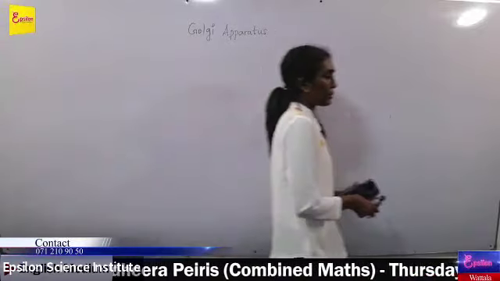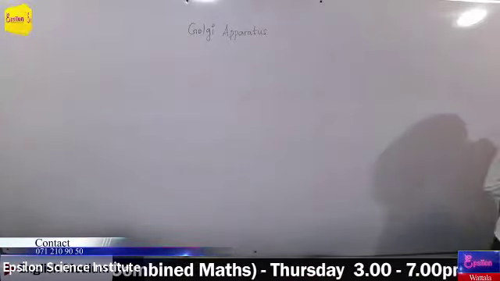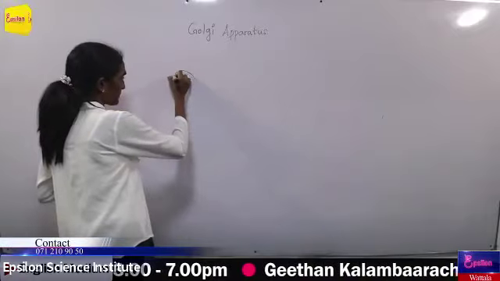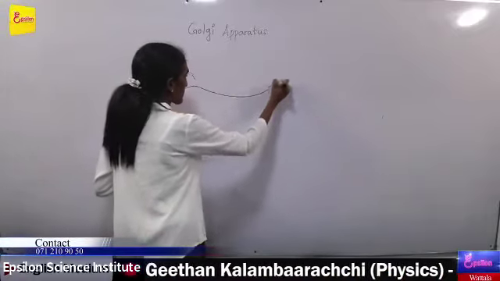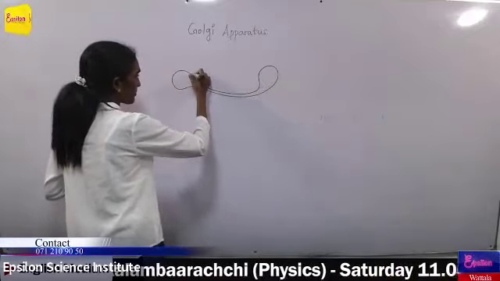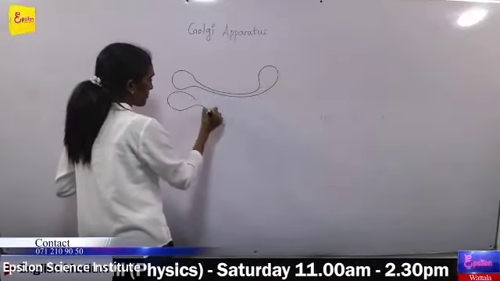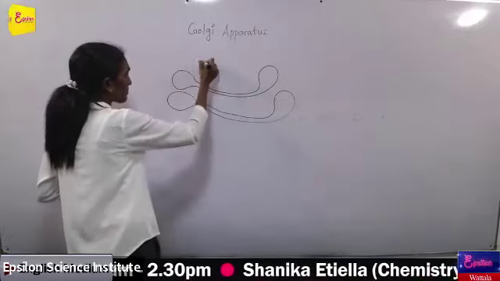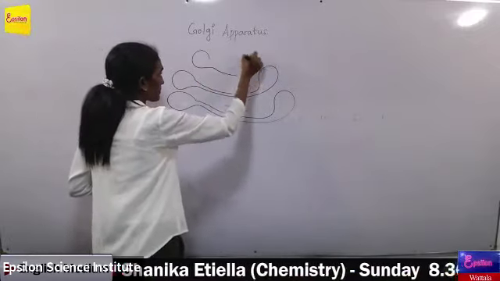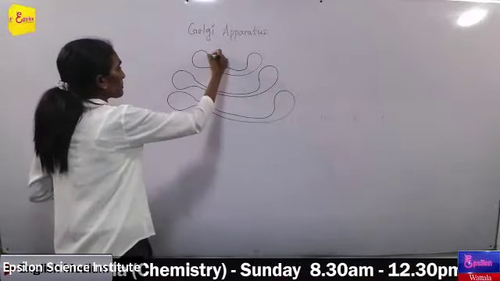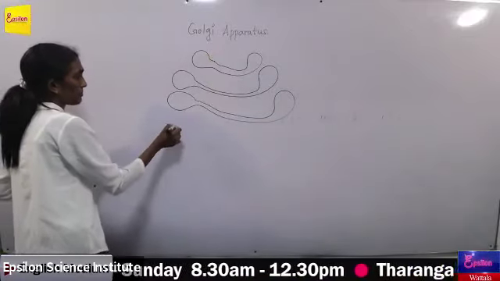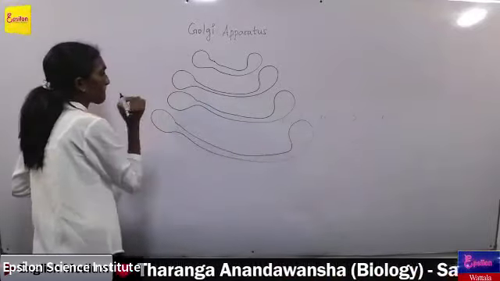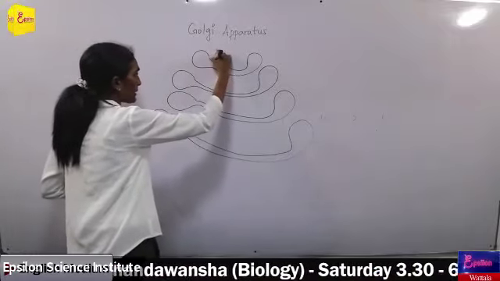All right, so we are going to draw the Golgi apparatus. This is a single membrane bound organelle.